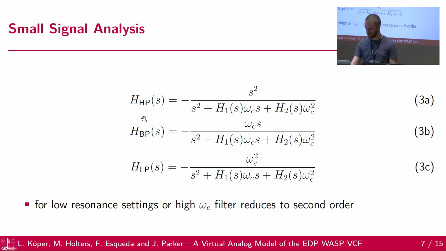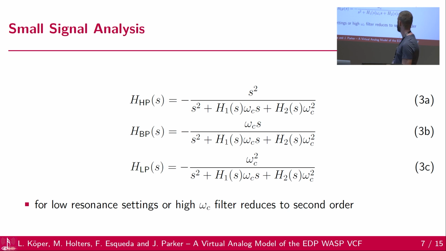See, the high pass has a square term in the denominator when we have only s, and then only the cutoff frequency left for the low pass filter. And you also notice that the denominator is the same for each filter.